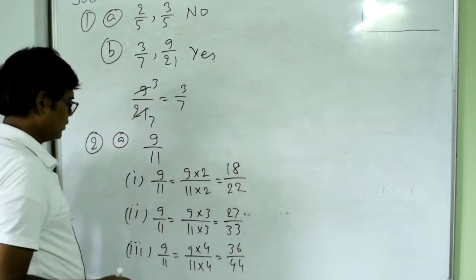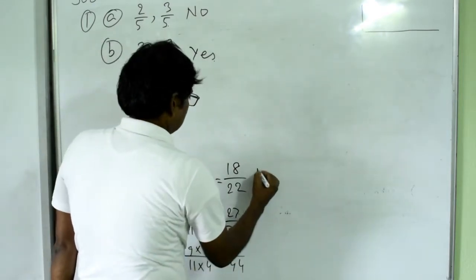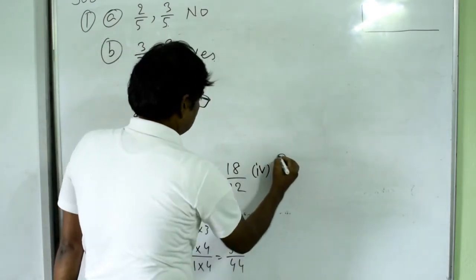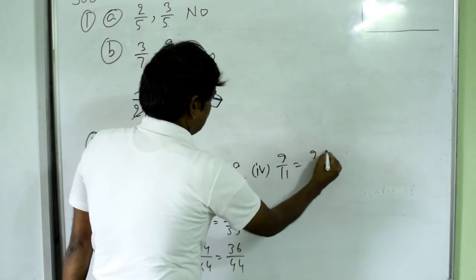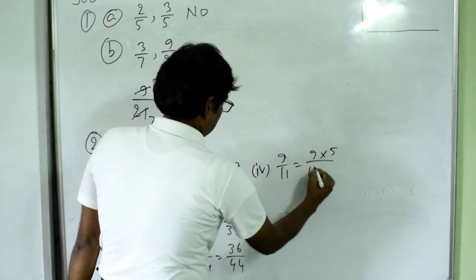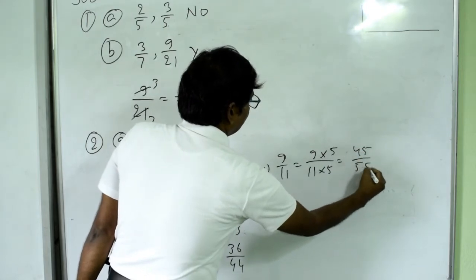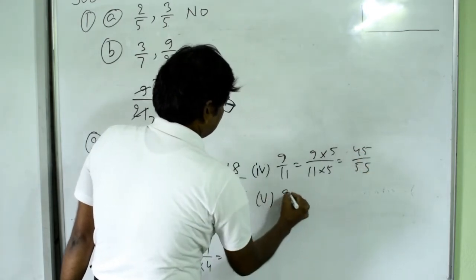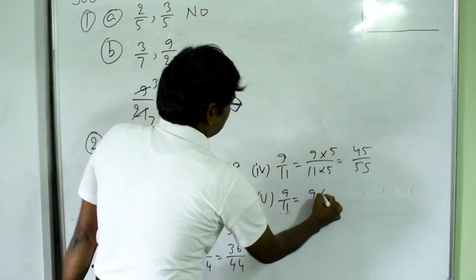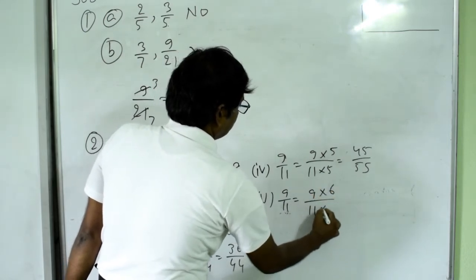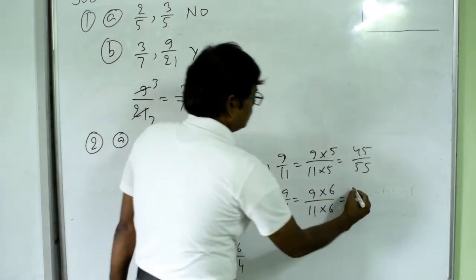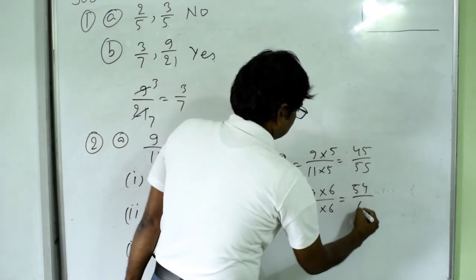Then number 4, 9 by 11 equals 9 into 5 by 11 into 5, that is 45 by 55. And then the fifth will be 9 by 11 equals 9 into 6 by 11 into 6, which is 54 by 66.